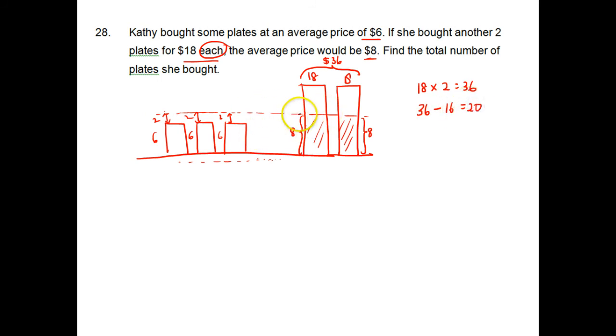This $20 is now the rest of this money, which is 10 here and 10 here, now redistributed into the other plates. So I take 20, and each plate we know we have to add in $2. So divide by 2, answer is 10 plates. So the total number of plates she bought will be 10 plates.